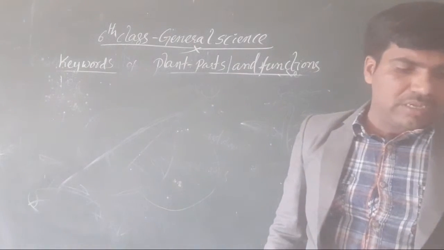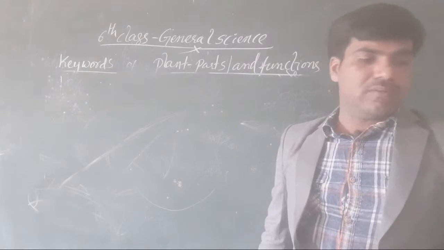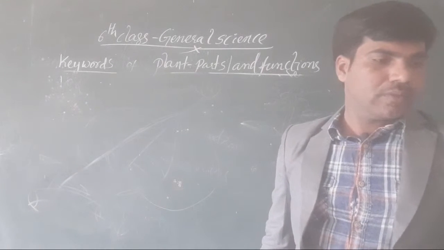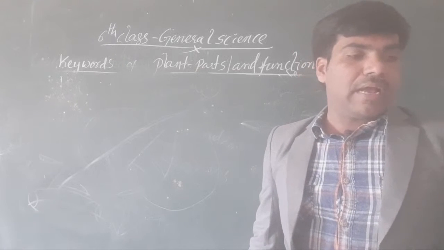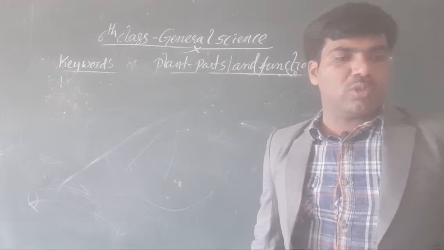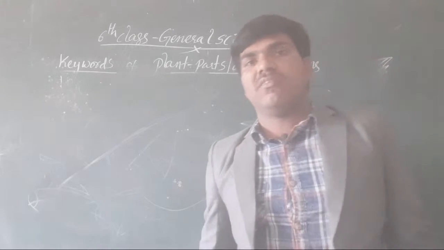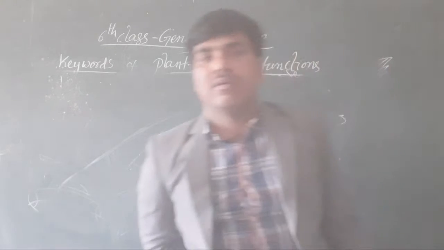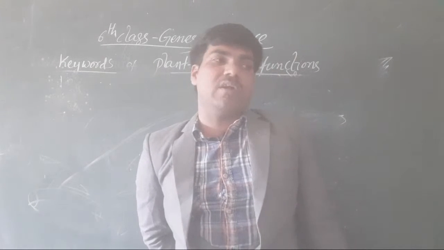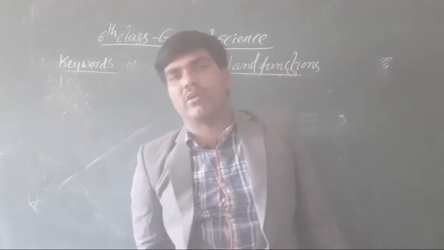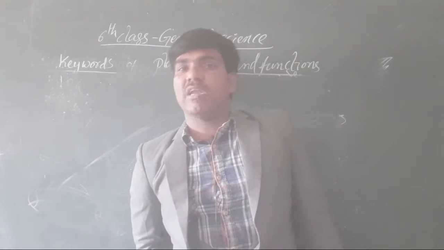Next, come to the 11th question answer. How can you show that plants absorb water through their roots? Yes, how can you show that? You take a beaker, and take some water, about 100 ml of water.